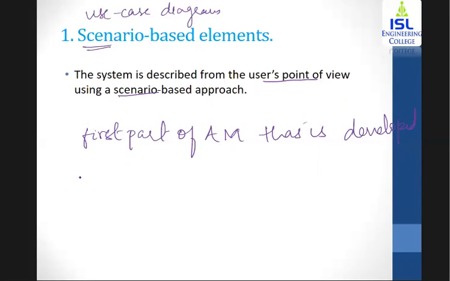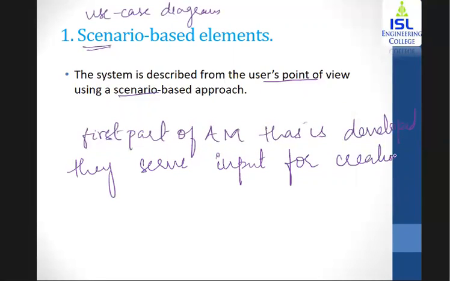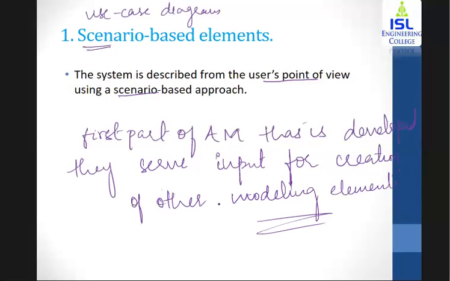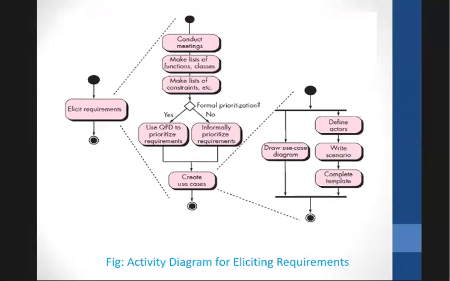Because the use case diagrams, or scenario based elements, serve as input for the creation of all the other modeling elements of the software. I will see an example of a use case diagram for the scenario based elements.